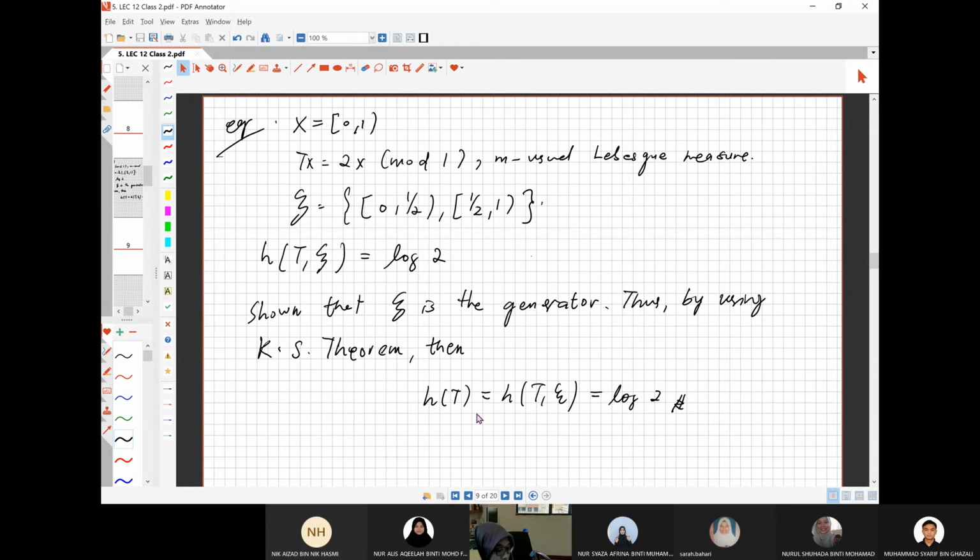Lepas tu nak cari entropy of this, you have to use the Kolmogorov-Sinai. So Kolmogorov-Sinai, this is equal to the supremum of the something. So kalau tak nak guna supremum, you can show that this is generator, straight away you can find that they are the same.